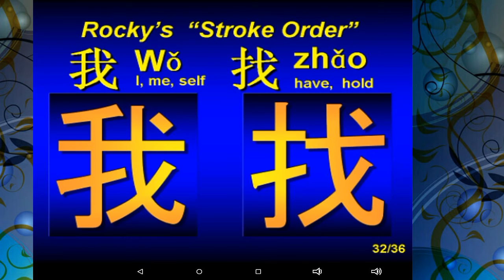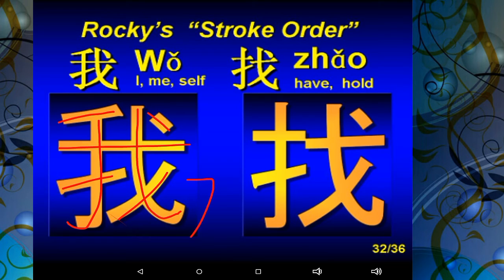And now let's look at the stroke order for both of the characters Wo and Zhou. First, the stroke order for Wo. And you might notice that there is a slight difference in actually writing both characters. 我们开始。1, 2, 3, 4, 5, 6, 7. Now the stroke order for Zhou. 1, 2, 3, 4, 5, 6, 7.